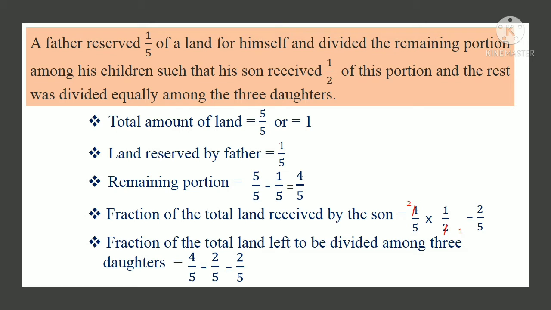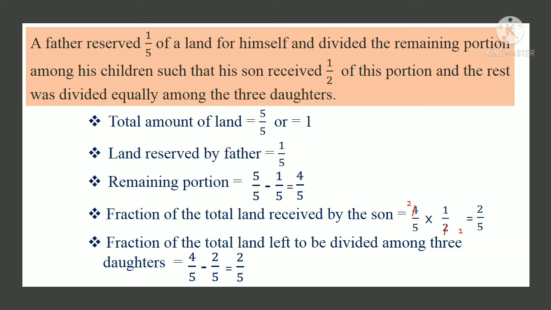Next one. Fractions of the total land left to be divided among 3 daughters. Then again you have to find the total. Now the land is reserved by father and you have to take the amount reserved by son. You have to take the total. What is that one? 1 upon 5 plus 2 upon 5.